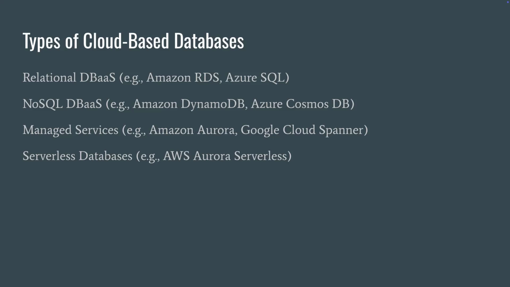And the last category is serverless database. So if you look at products like AWS Aurora Serverless, it basically removes the need to even think about provisioning server capacity. So the database itself automatically adjusts compute resources to match workload requirements.